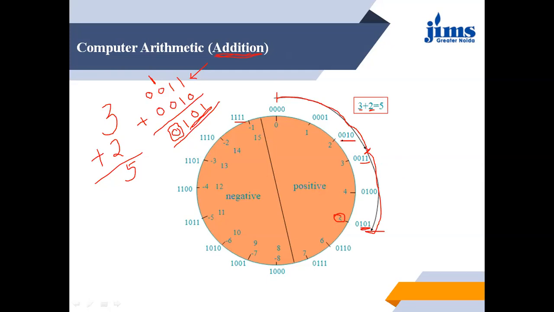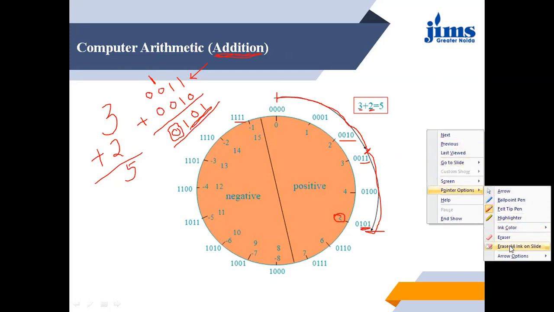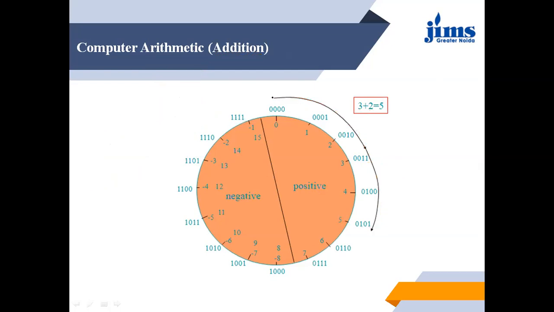So when we have to find the addition of two positive numbers, we can add the numbers in such a way that we start from 0 and access the total number of steps that we have to add.